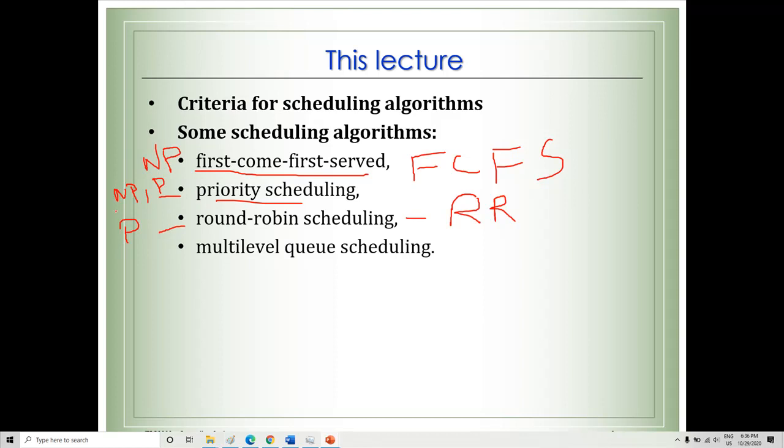Priority scheduling can be preemptive or non-preemptive. Round robin is strictly preemptive. Multi-level scheduling means implementing a set of scheduling algorithms together. It is a combination of many algorithms working together, which we will discuss at the end of this lecture.